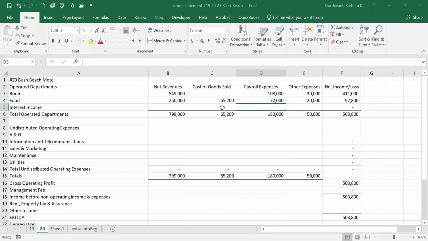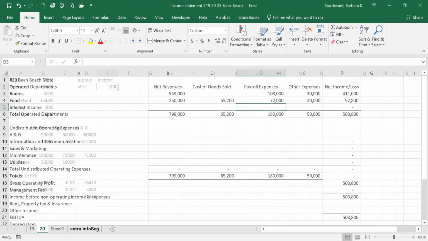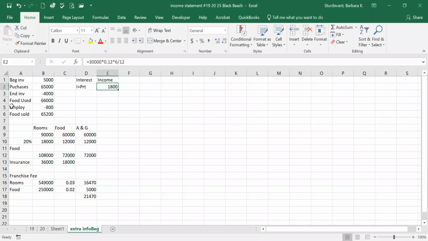When you're doing cost of food sold, let's go back here for a second. Like I said, it doesn't matter inclusive, exclusive as far as food goes for the employees. This never changes. Never ever. You have to subtract it off to get your food sold.